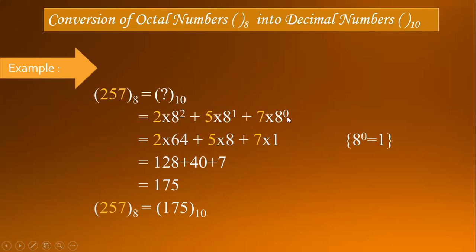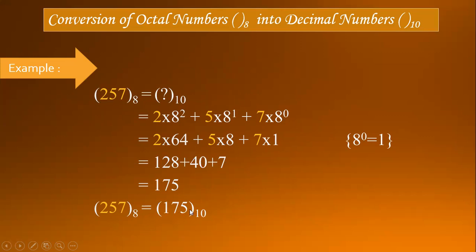We know that 8 raised to 0 is equal to 1. Now 2 into 64 is 128. 5 into 8 is 40. 7 into 1 is 7. So we are getting the sum as 175. So we can say that the octal number 257 is equal to the decimal number 175.